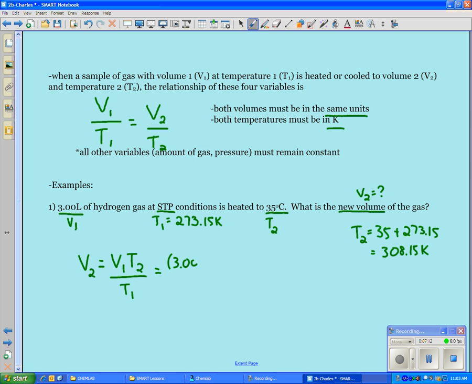So 3.00 liters for V1. Temperature 2, we changed to 308.15 Kelvin. And temperature 1 was 273.15 Kelvin. That came from our STP conditions. So answer with 2 significant digits comes out to 3.4 liters for our new volume.